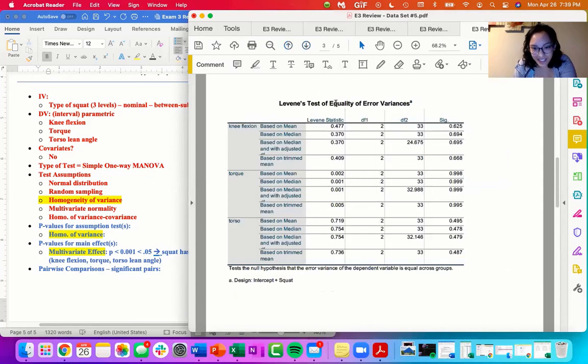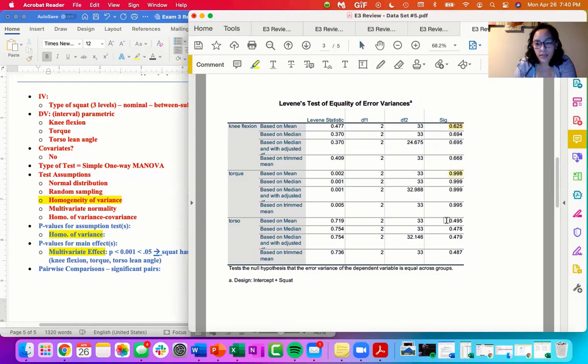So now we see Levene's test. And we're looking at, are there equal variances between squat groups for each of the dependent variables? Okay, so we've got these 3 p-values.